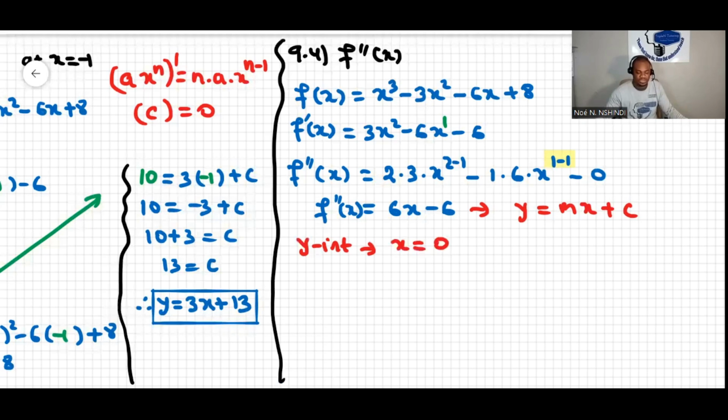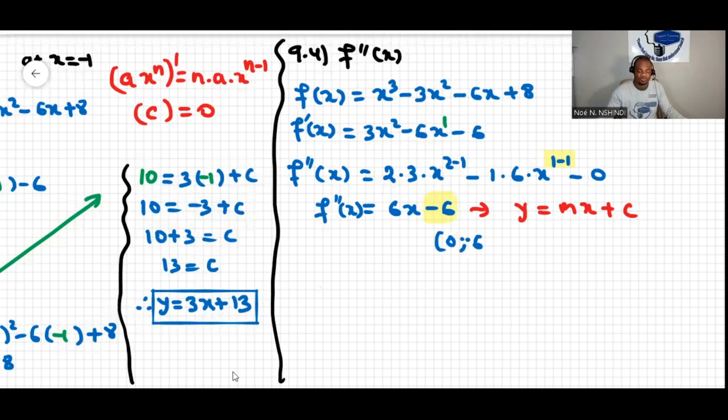Since y equals 6x minus 6, if I make x 0, the constant term here is just the y-intercept. So the y-intercept is the point (0, -6).